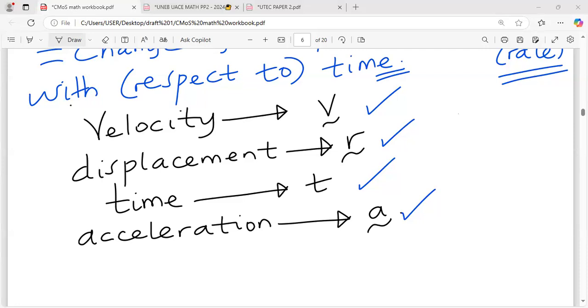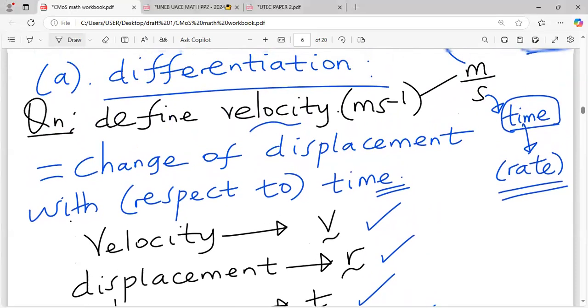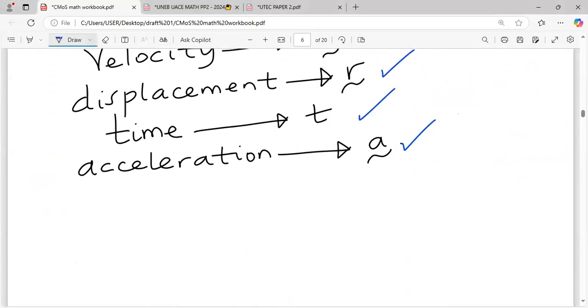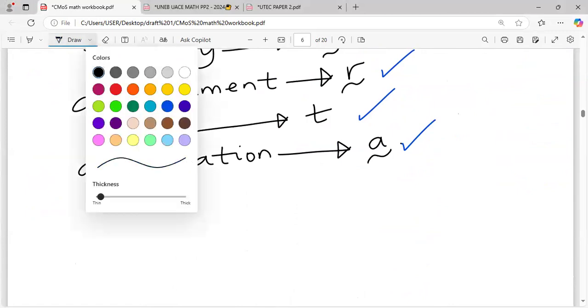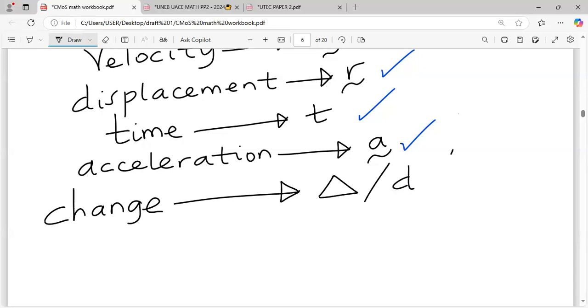Now, we go back. What are they saying? Velocity is the change of displacement. So I want you to all know that in math, still, change has a denotation, which can be that delta sign, it can be the d, or it can be this.